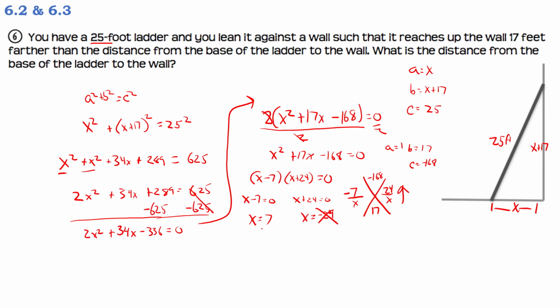The negative 24 is gone. So we know that our x value has to be 7. And it was asking, what is the distance from the base of the ladder to the wall? So it wants to know that x value in general, because that's all that is for that setup right there. So for the answer to this, we're going to say 7 feet. That is your answer.